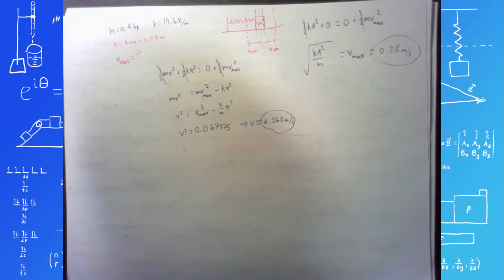Part C says, find the speed of the object when the spring is stretched 1.5 centimeters. So one was when it was compressed 1.5 centimeters. The other is when it's stretched 1.5 centimeters. That's a trick question. It should be the same either way.